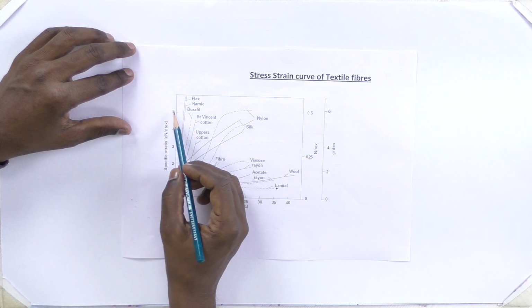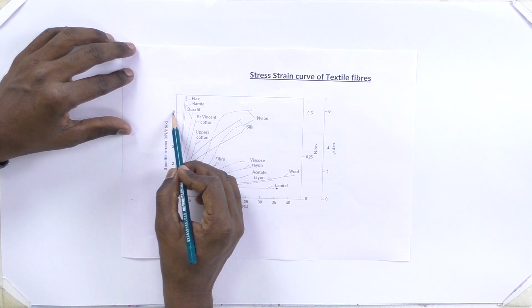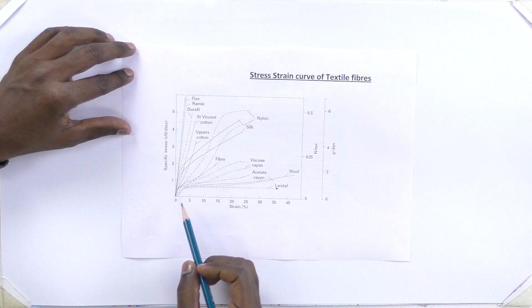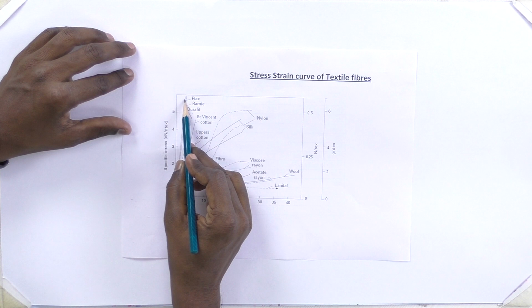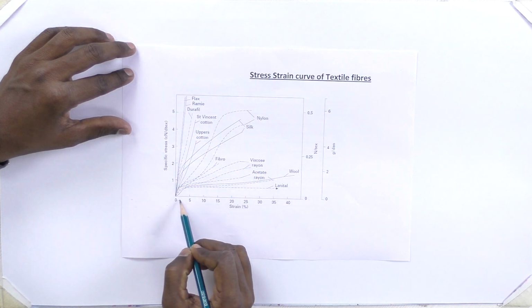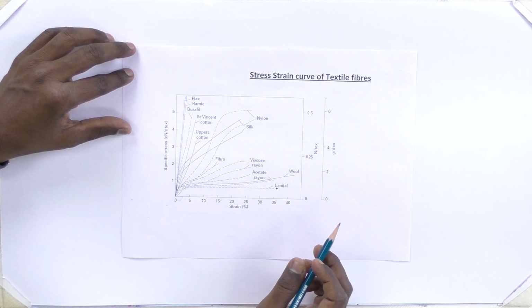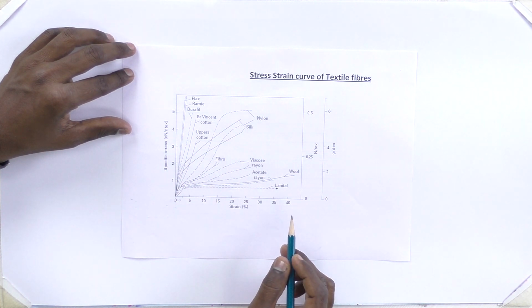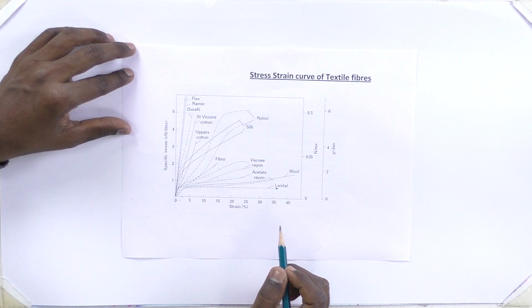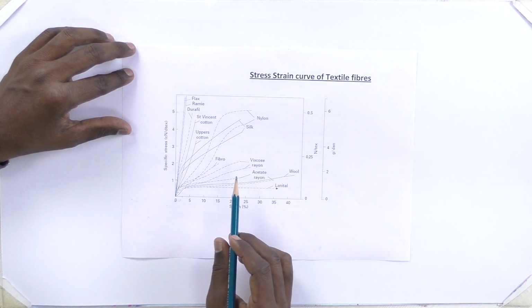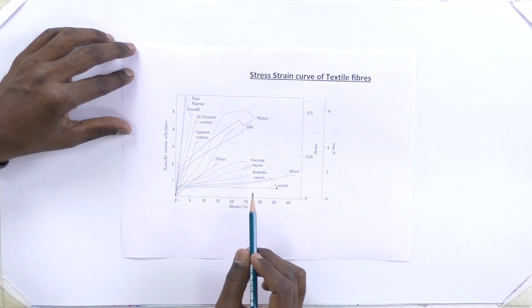Even when we apply the highest load, the flax fiber shows less elongation, almost 3 to 4% strain only. So it withstands high load and the elongation percentage is very poor. If you apply more load to flax fiber, it will definitely lead to the breaking point, but with a low percentage of elongation.